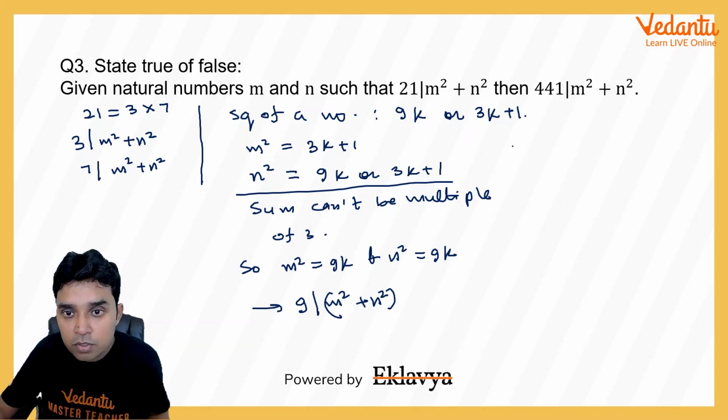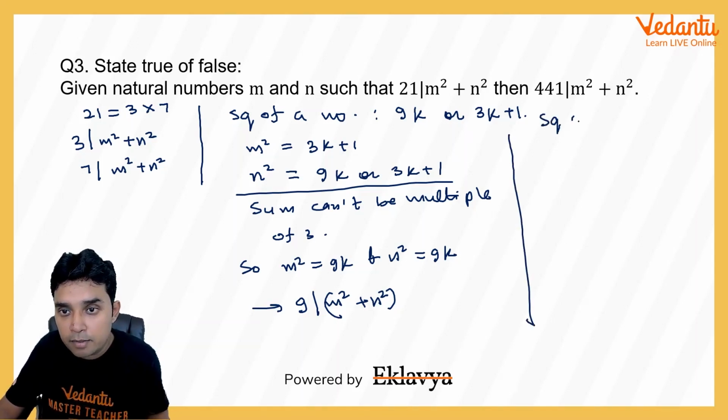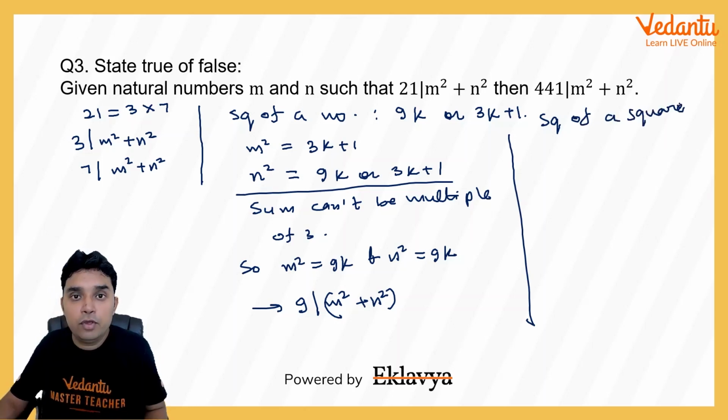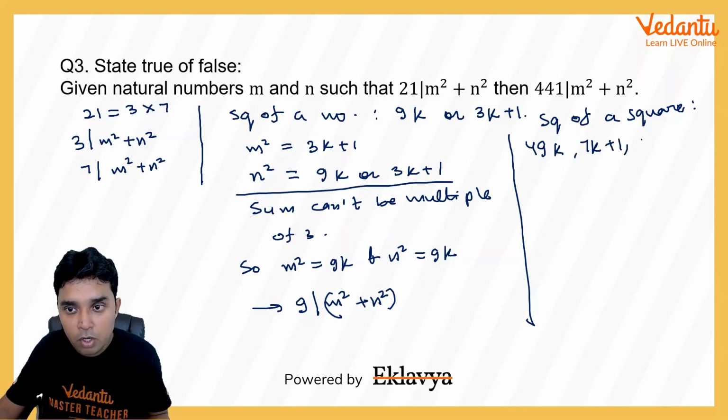Now similar to this, if we look at the square of a number from the point of view of division by 7, then it is either 49k or 7k plus 1 or 7k plus 2 or 7k plus 4.